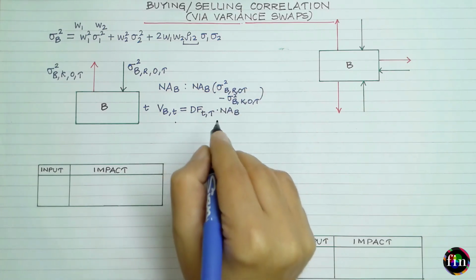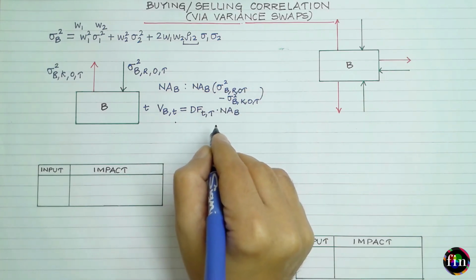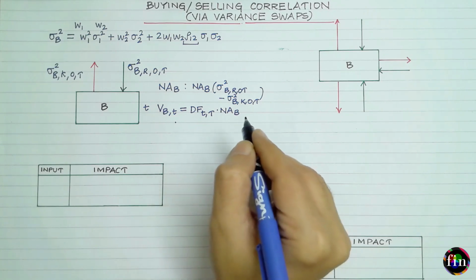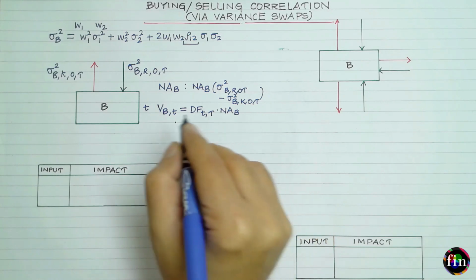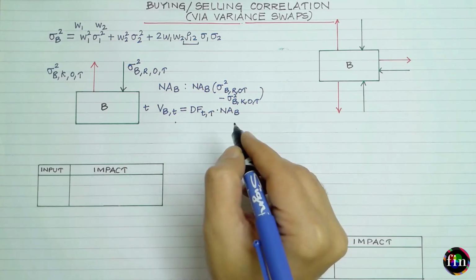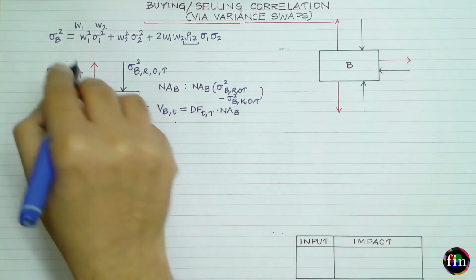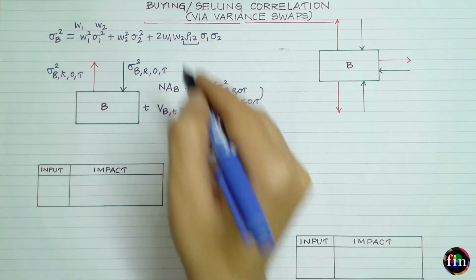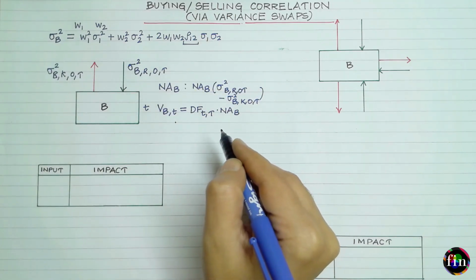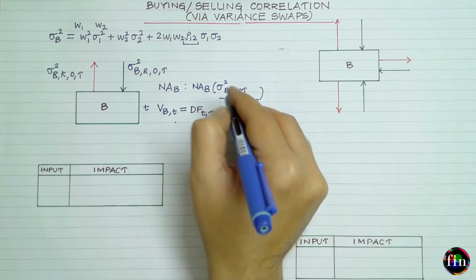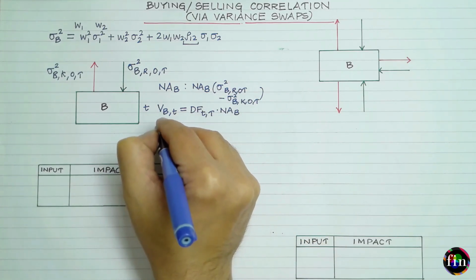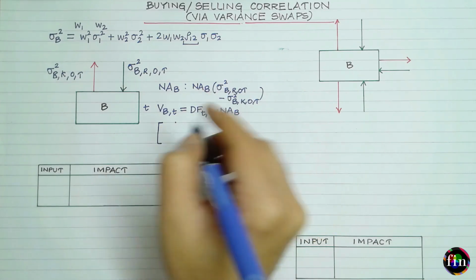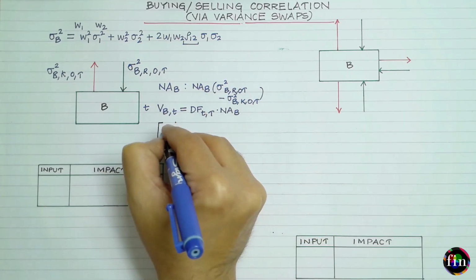That portion which I am yet to realize depends on what is the market at that point in time. What is the implied volatility of my basket at that point in time, which will depend on the implied volatilities of the constituents and on the correlation prevailing at that point in time. Okay, so let me write the realized variance as a sum of two components, one which has already been realized.